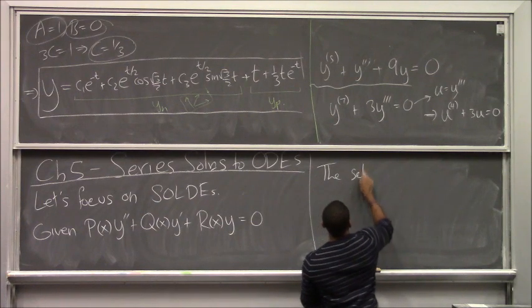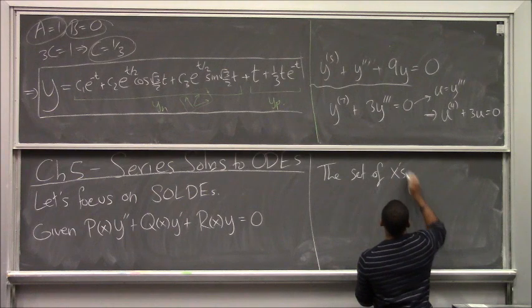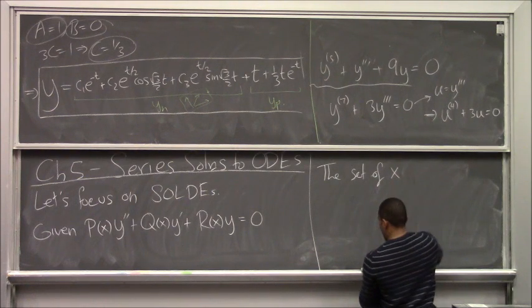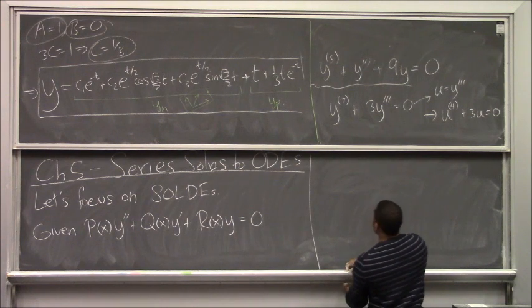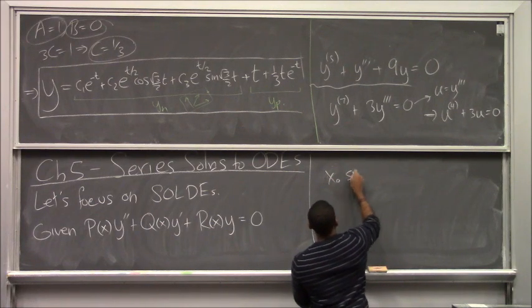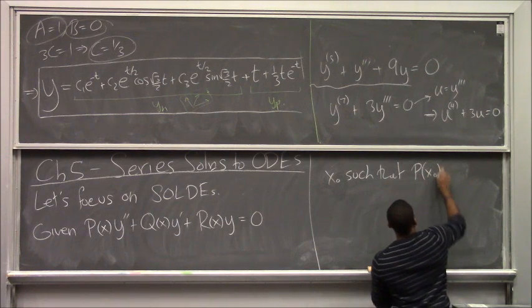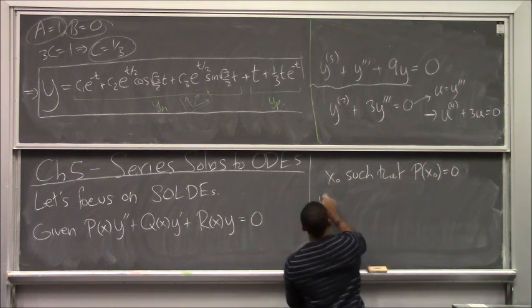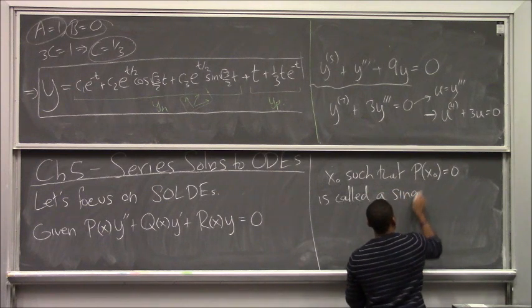The set of x naught such that p of x naught equals 0 is called a singular point.